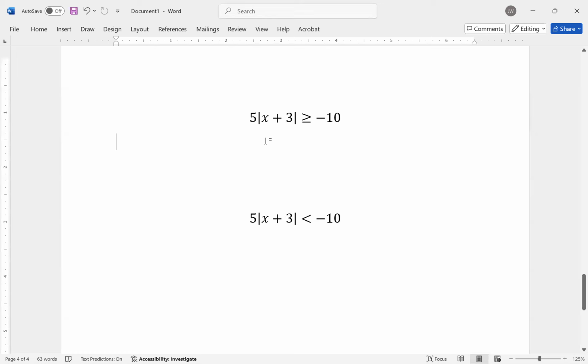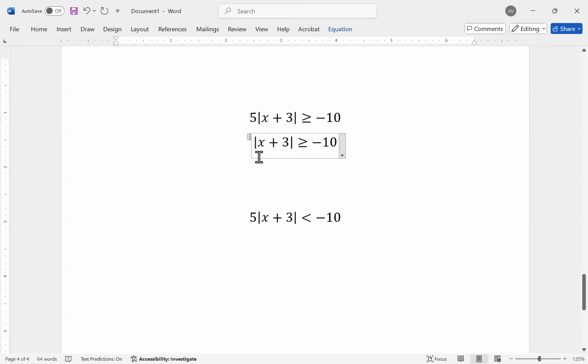Okay, so let's start these. First thing I would do in this first equation is divide both sides by 5. That would give me the absolute value of x plus 3 is greater than or equal to -10. Dividing by a positive number doesn't do anything to the sign.